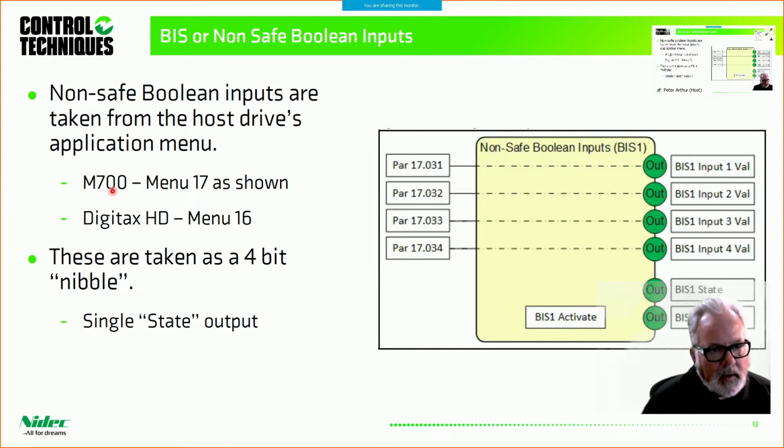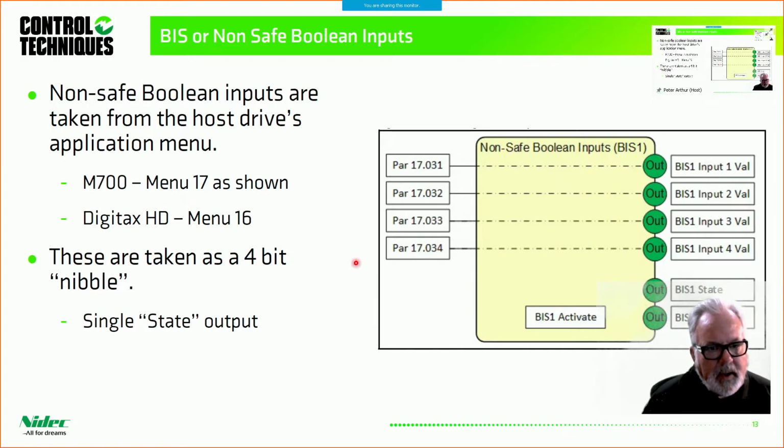So if I'm using an MiS 210 with an M700, that would be menu 17, right? So here in menu 17, you see 4 non-safe Boolean inputs. And these are just bits, okay? Now today, in my example, I'm using a Digitax HD, so that is menu 16.